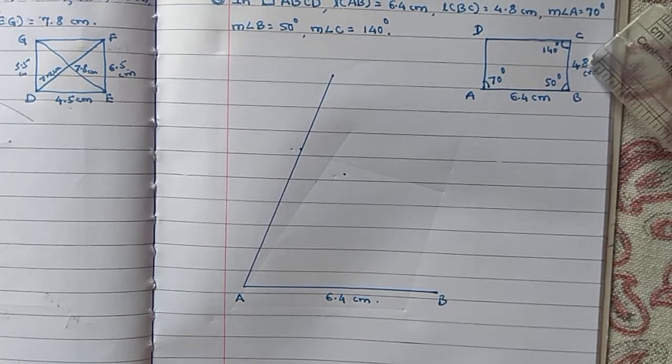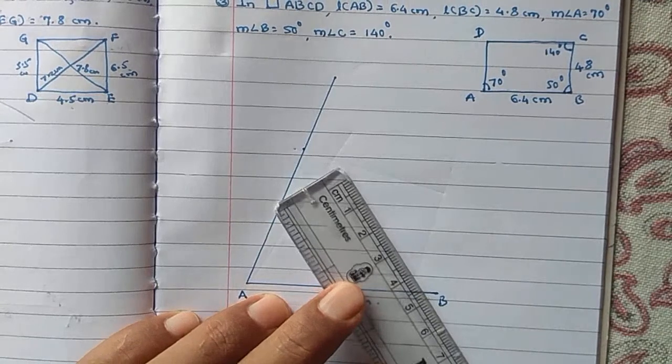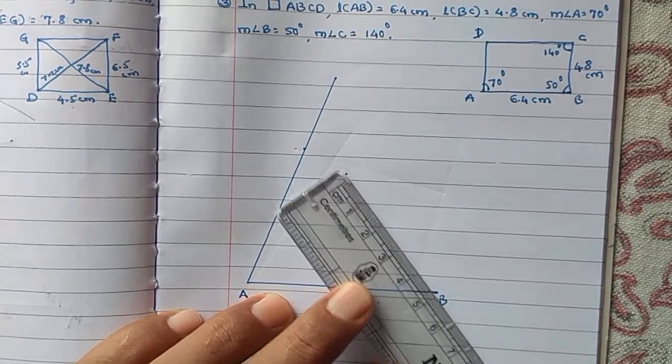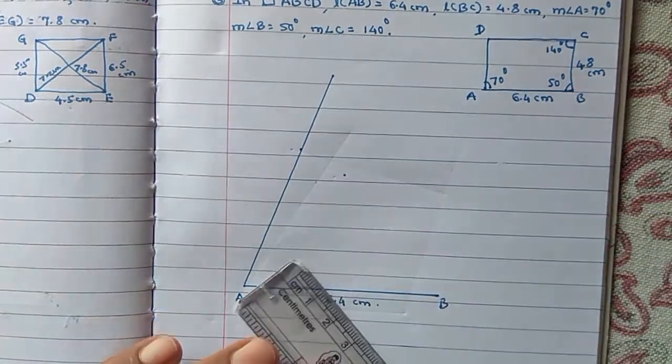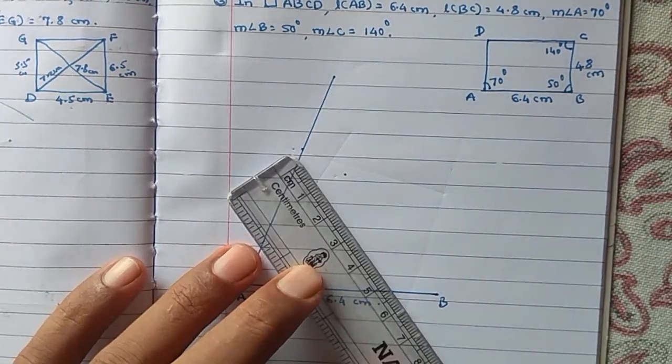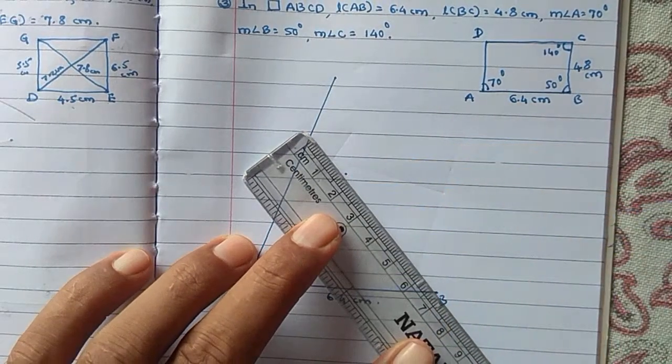Moreover, this length is given. How much is it given? 4.8. Means randomly, just before taking 4 point something, it will come somewhere here. Okay. So draw this point and point B.